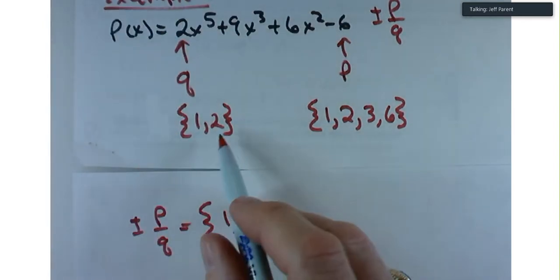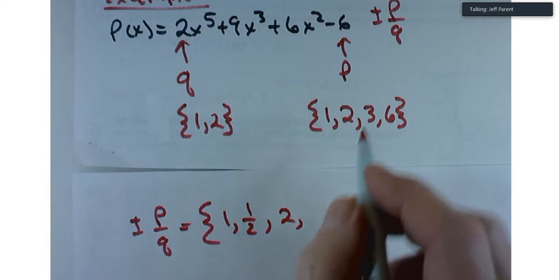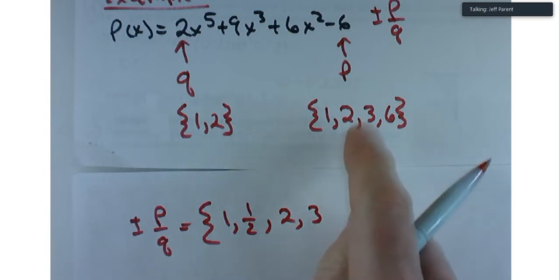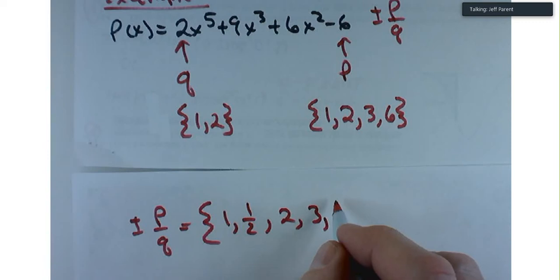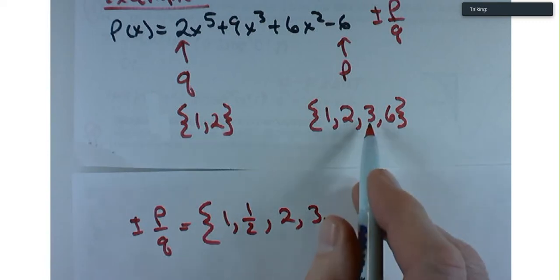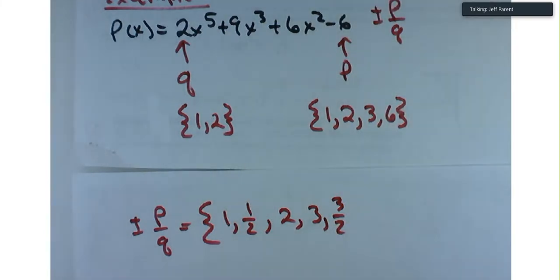And 2 over 2, do I have to list 2 over 2? 2 over 2 is already 1, right? So I've already got that one, so I'm just going to skip that one. And then 3 over 1, and what after that? 6 over 1. Let's do 3 over 2 next.